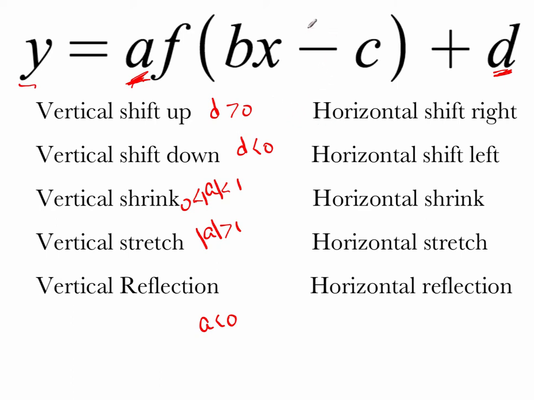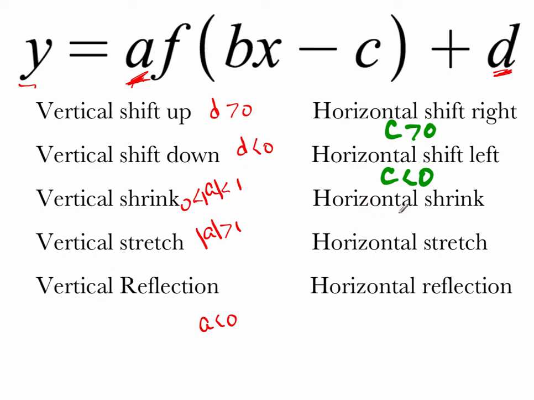A horizontal shift to the right will be when C is greater than 0. A horizontal shift to the left will be when C is less than 0. Do you see how this is almost opposite what you would think? Here you're adding D and that shifts it up, but here you subtract C when C is positive. That's a right shift.